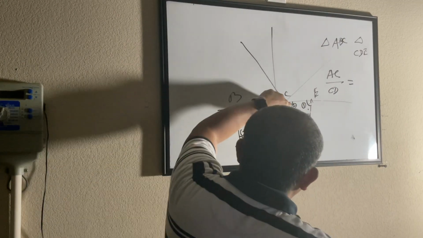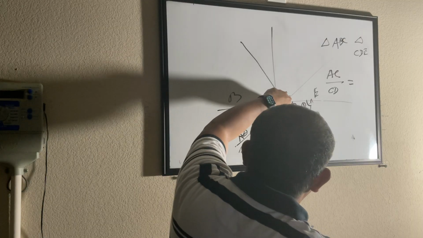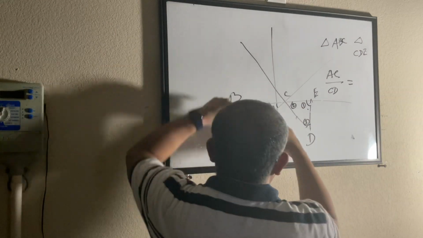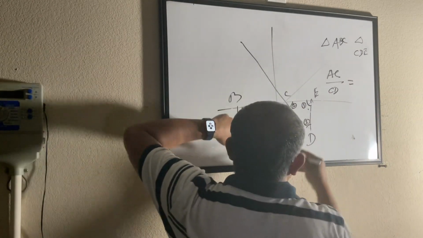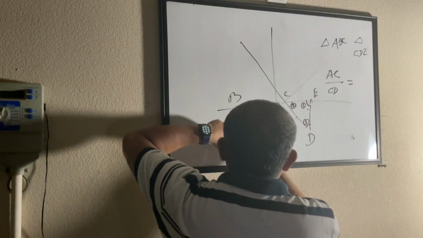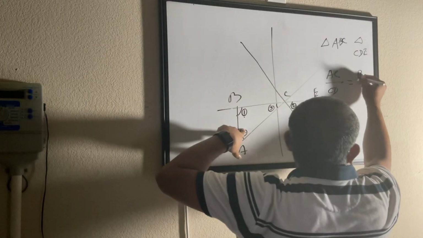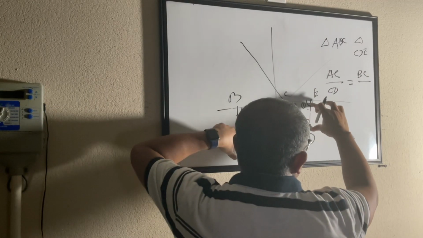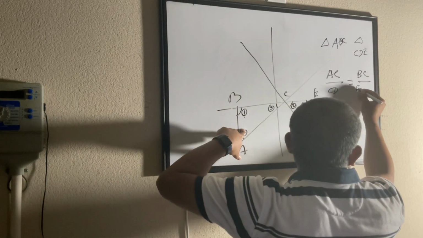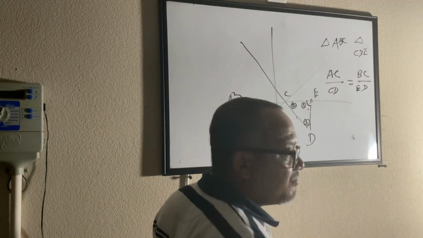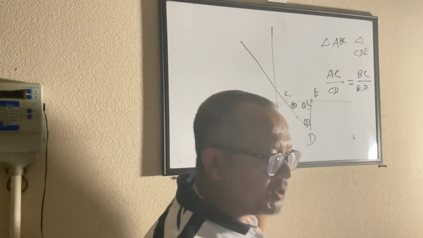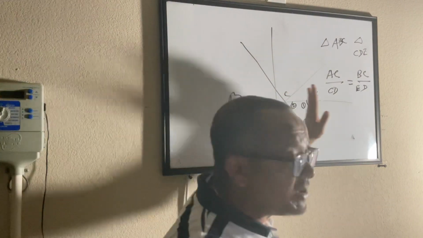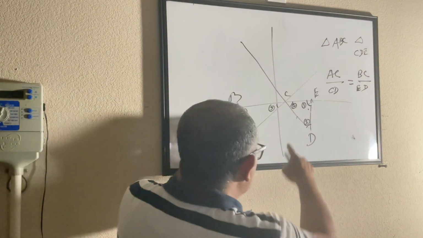Now let's take angle 2, angle 2 and 2 here. I am taking AC, meaning this triangle on top. So angle 2, this one, the side opposite to that is BC, over the side opposite to this one, which is ED. I'm just putting in the basic theory. It says if you have two similar triangles, the sides will be in the same proportion, meaning sides opposite to the matching angles.